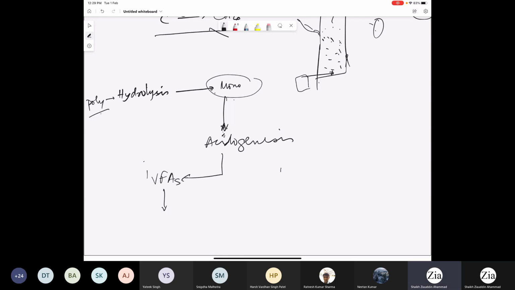That intermediate will get converted to acetic acid by acetogenesis, and then acetic acid will be used up by methanogens.